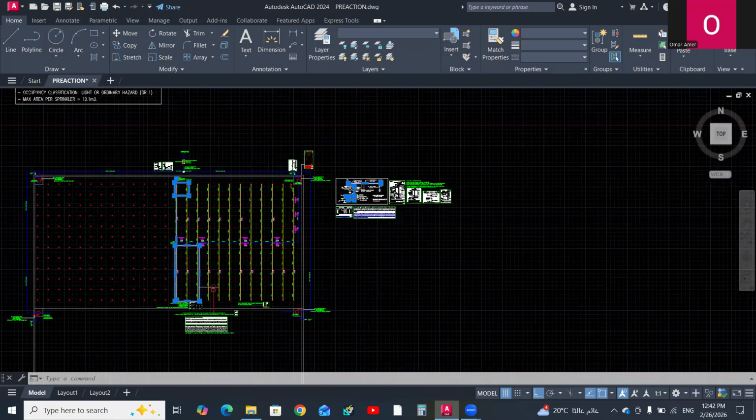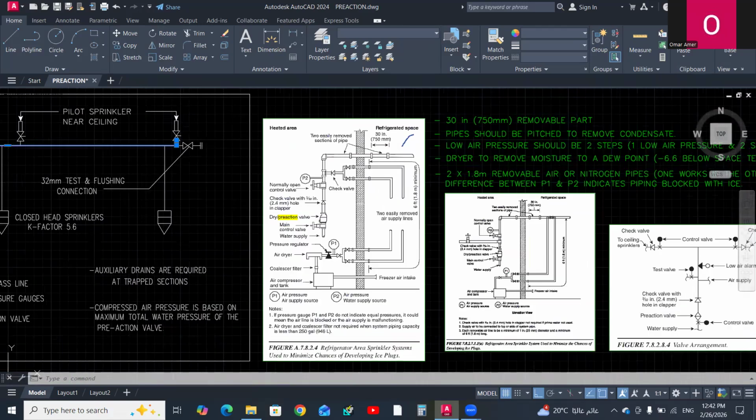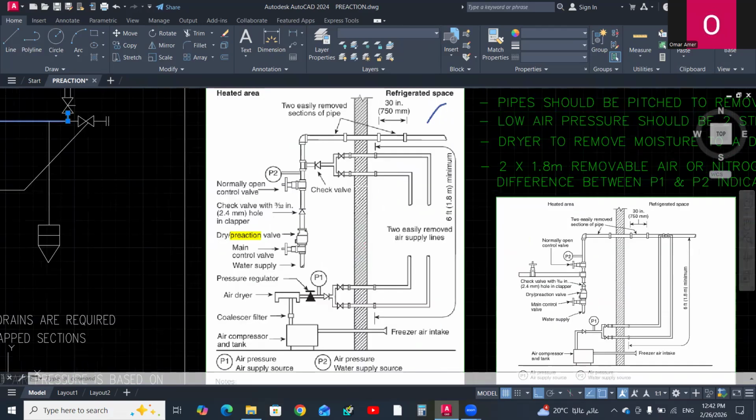We can also find here a schematic diagram of the compressed air supplied to the dry pipe or pre-action valve in a freezer or cold storage area.